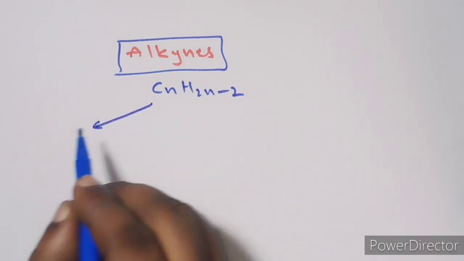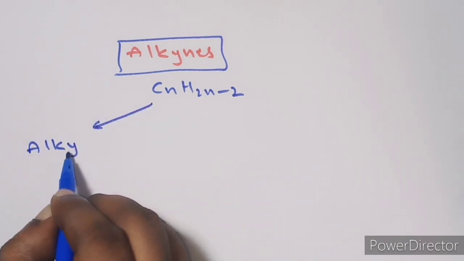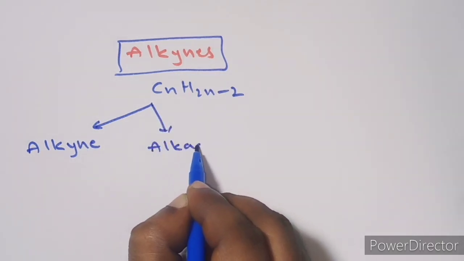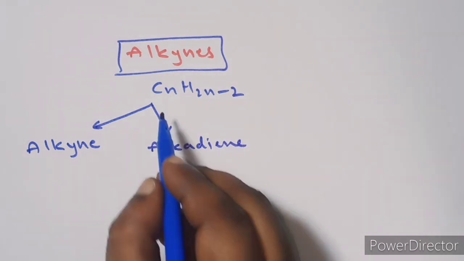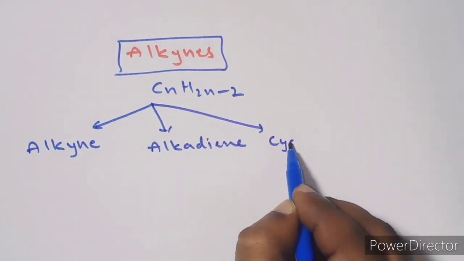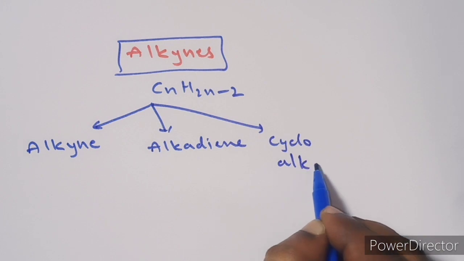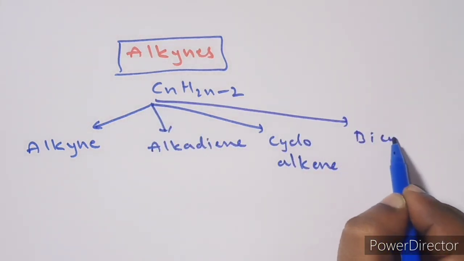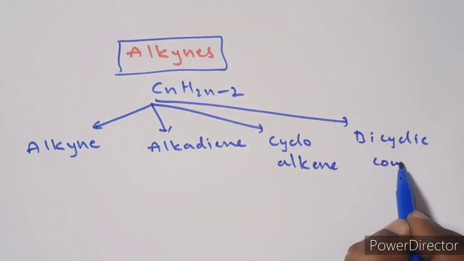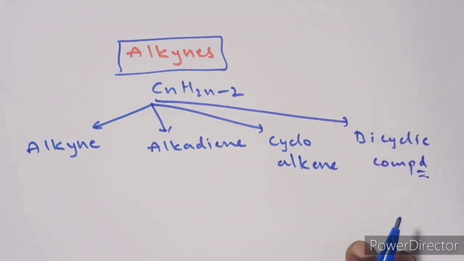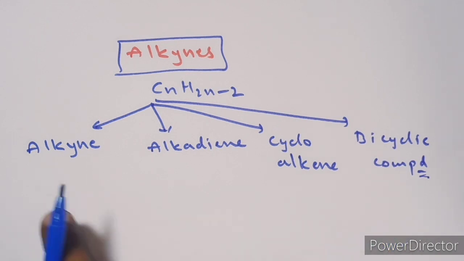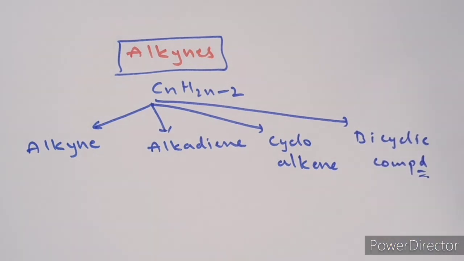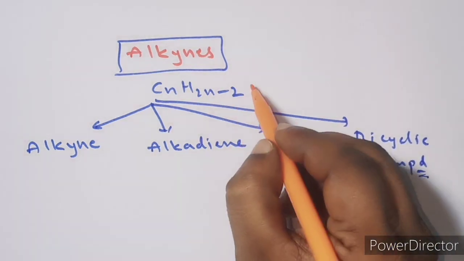We can write alkynes, alkadienes, cycloalkenes, and also bicyclic compounds. So how many types of compounds are we writing? 4 types: alkyne, alkadiene, cycloalkene, and bicyclic compound.